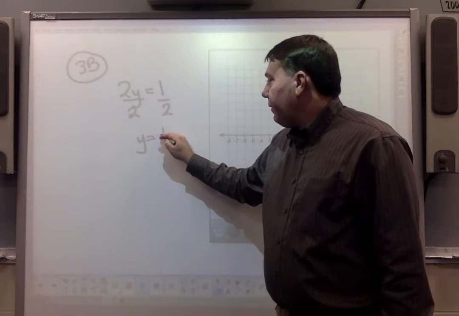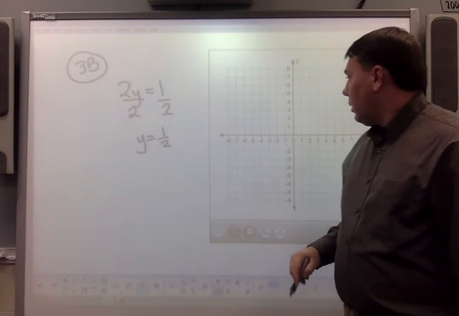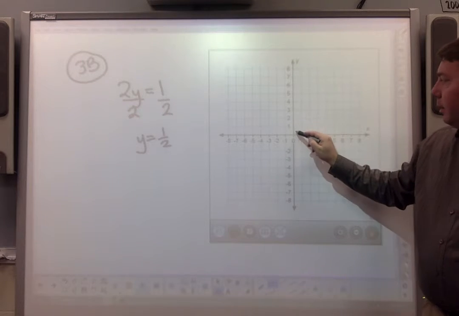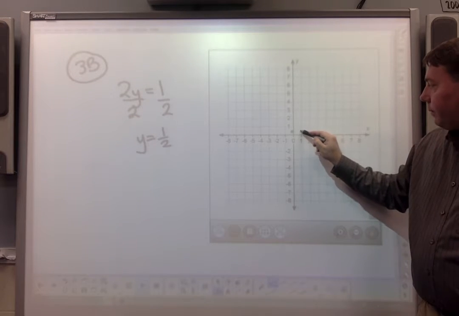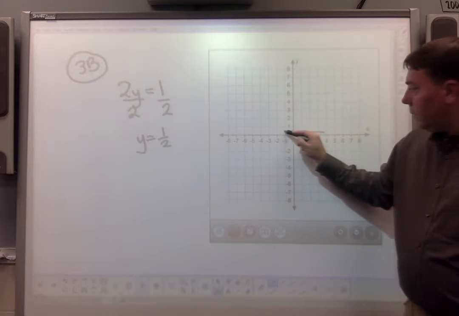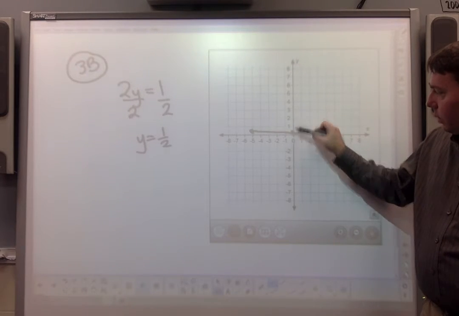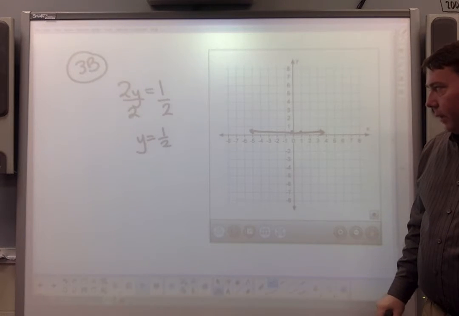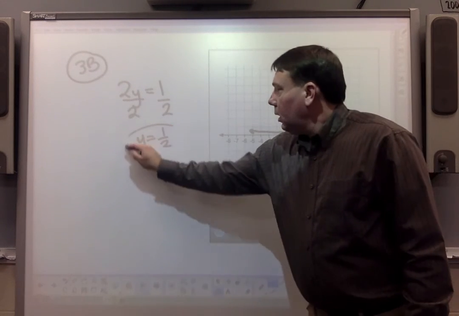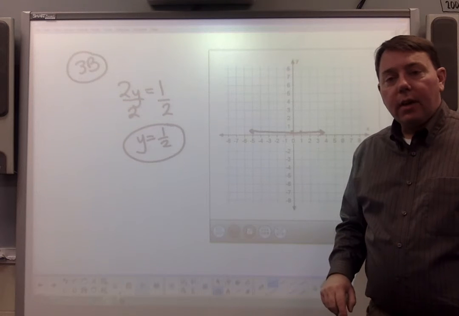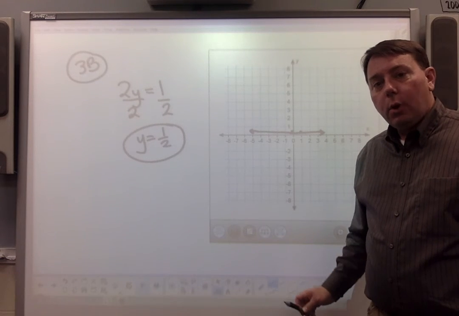So y equals a half. On your graph, you go to the y-axis again, but you only go up a half. It's halfway between 0 and 1. You'd have a line at y equals 1/2. And this is how you graph equations in slope-intercept form.